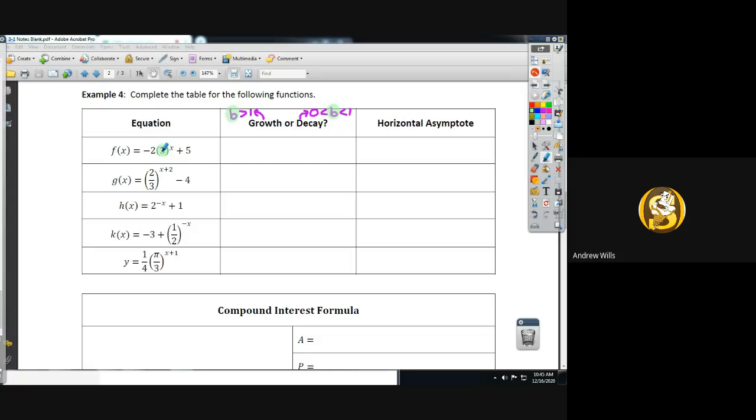So b is the number that's being raised to the exponent here. Okay, so in that first example on f of x, b is 3. So we have to ask ourselves, is 3 greater than 1? Or is 3 between 0 and 1? Well, 3 is clearly greater than 1. Because 3 is greater than 1, this is exponential growth.